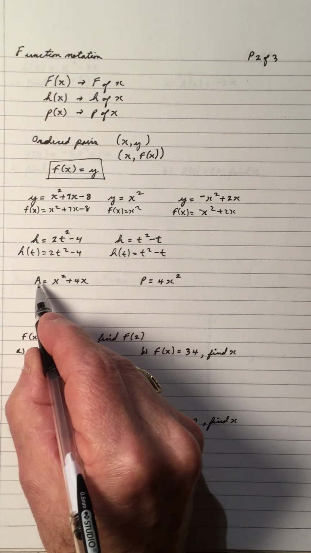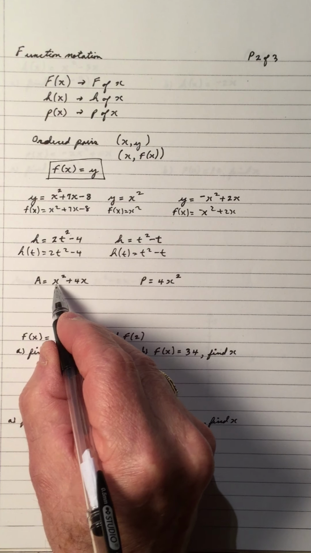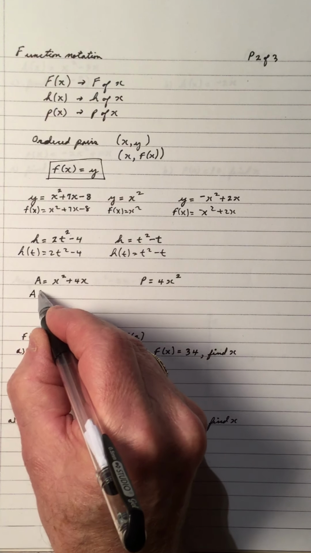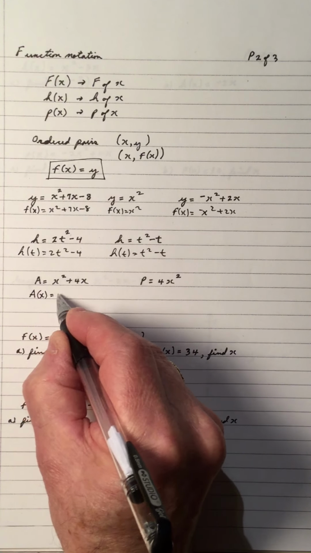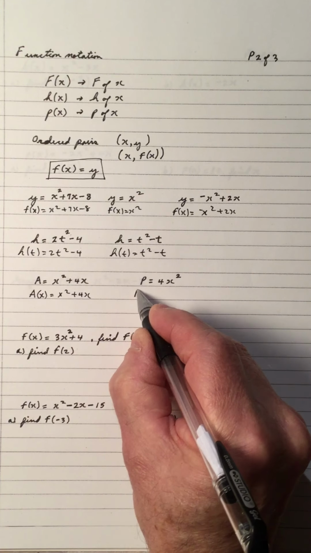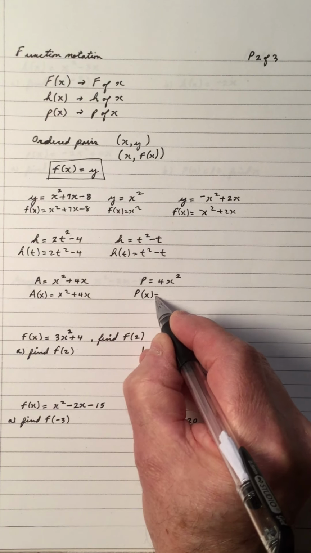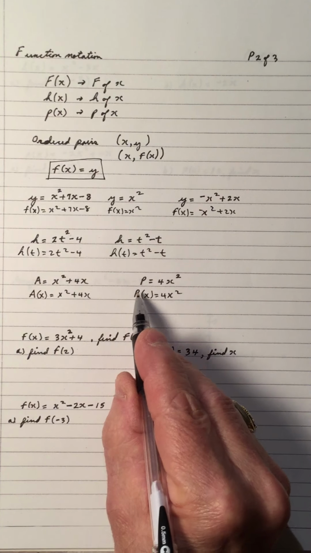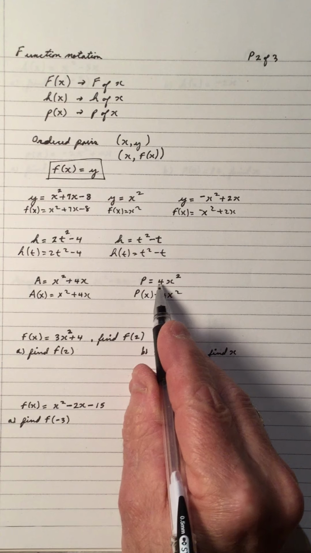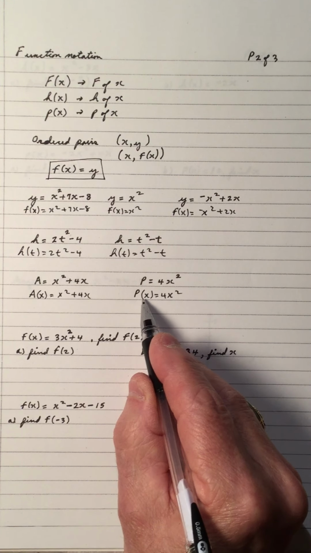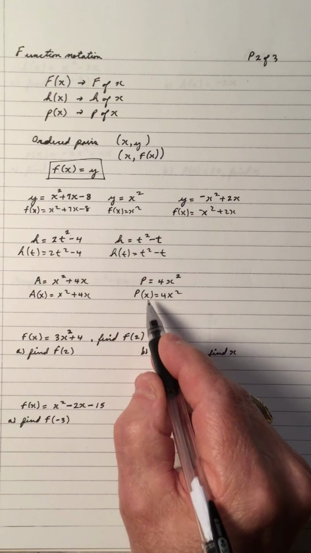Notice a equals x squared plus 4x, so a of x is x squared plus 4x. The p of x is 4x squared. So again, if you have p equals 4x squared, the p of x is just function notation, same as a y.